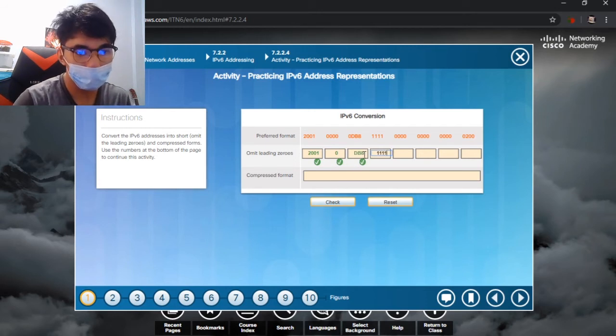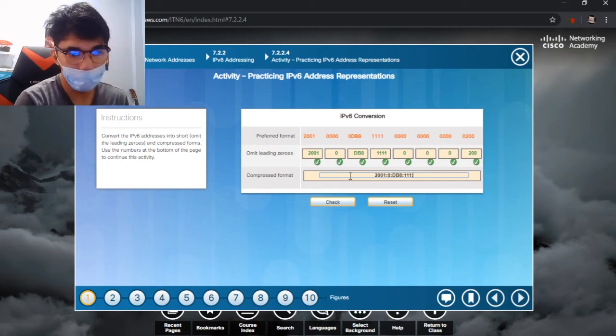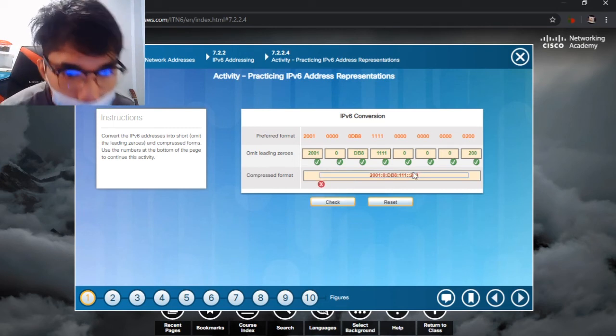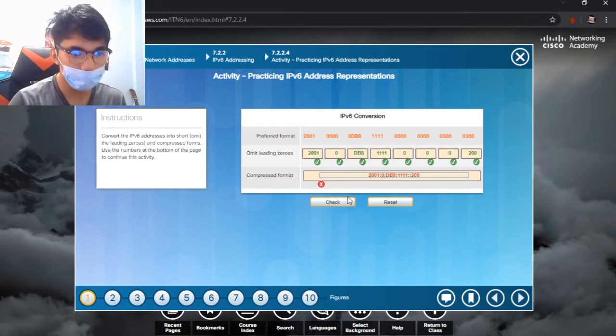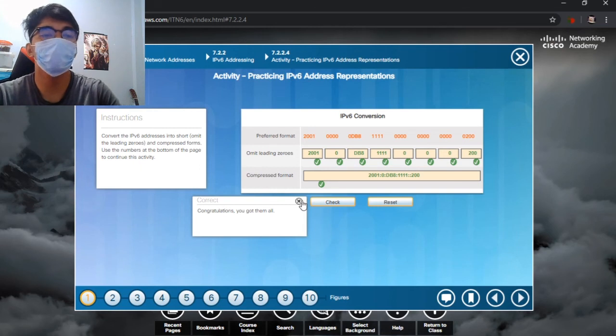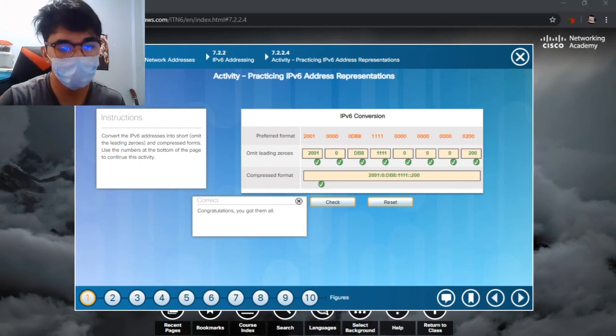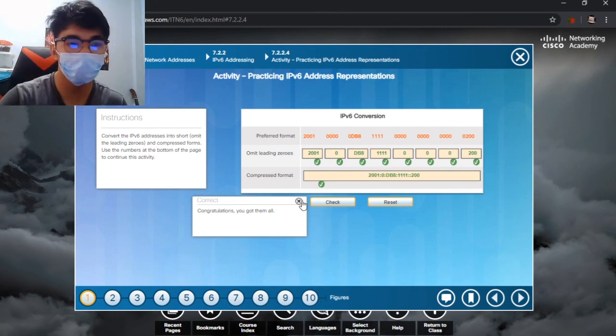The compressed format would be 2001:DB8:1111::200. Then let's check. There are so many activities, but we are running out of time, and it's very simple. So let's leave it that way and proceed to another one.